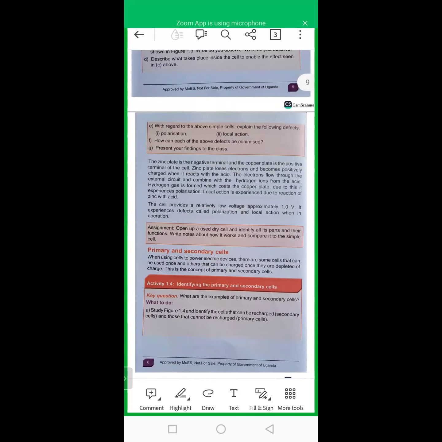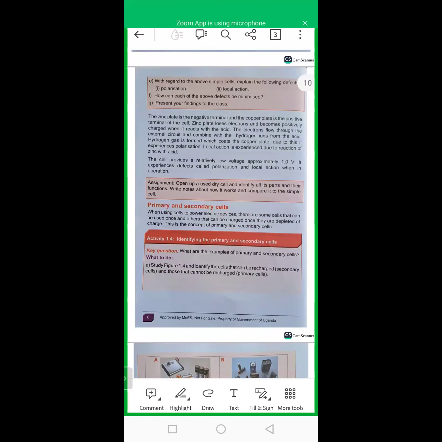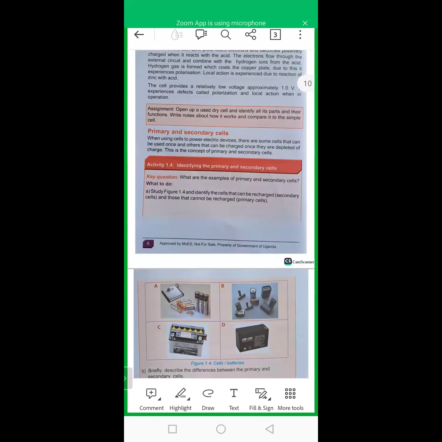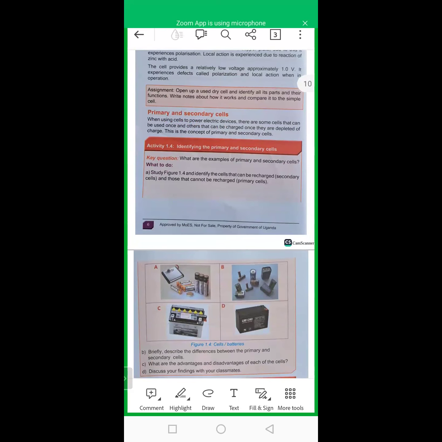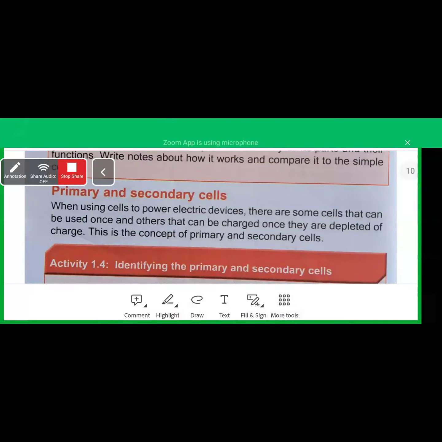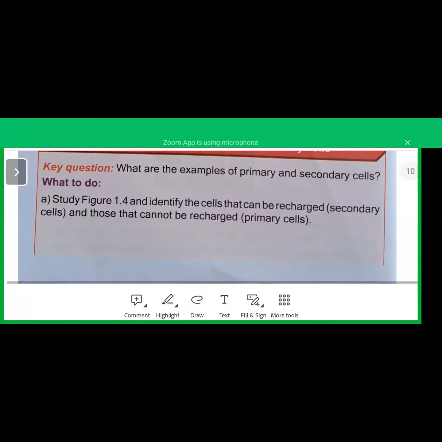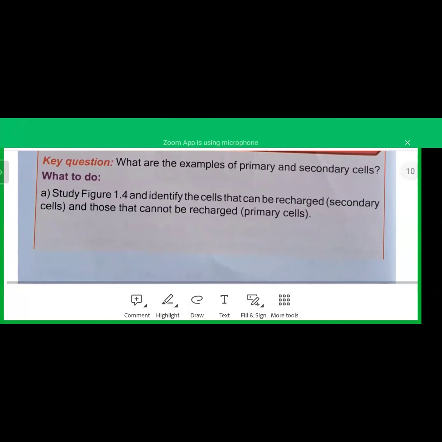And you told me that you already looked at the primary cells. We don't have to go back to that. Identifying primary and secondary cells. Okay, maybe you can just go through this activity 1.4. Study figure 1.4 and identify the cells that can be recharged.